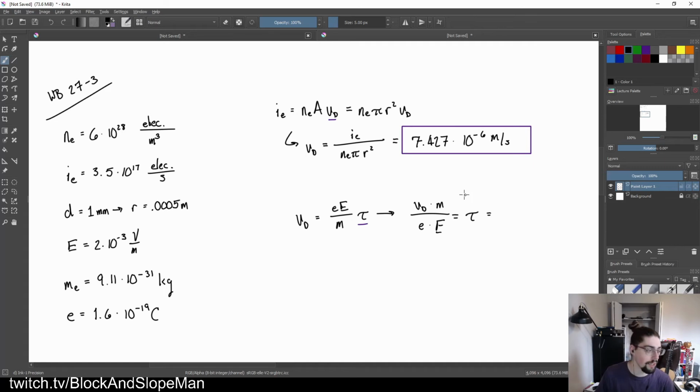And when we plug all of that stuff in, we find, and this number shouldn't be that surprising, 2.114 times 10 to the negative 14th seconds. That's how long it takes between collisions that this electron experiences. It's a very, very small number.